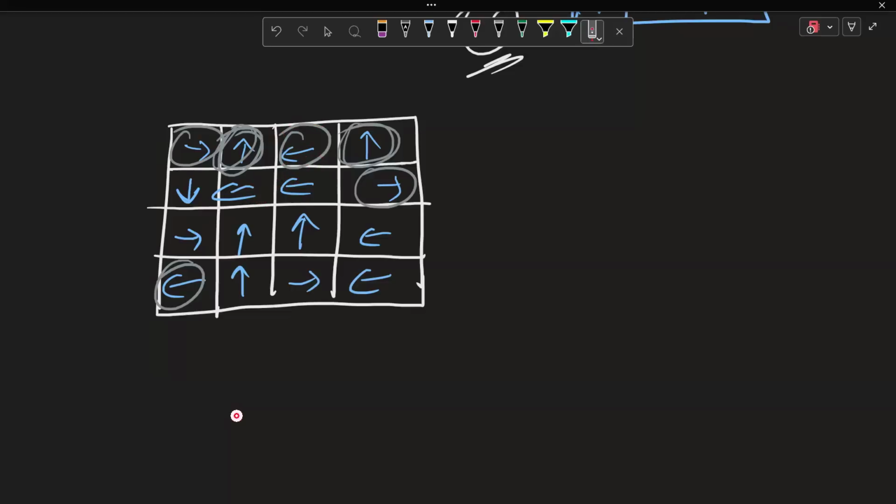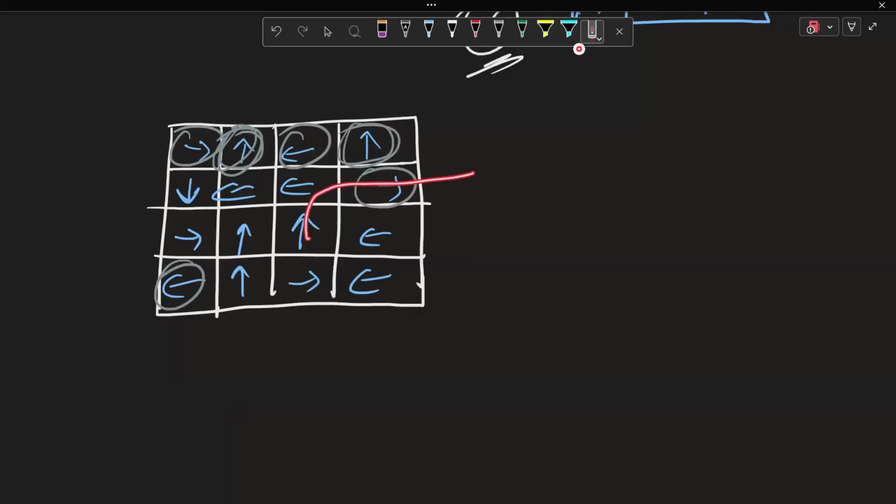So again, if we have analyzed all of them, these would be the only nodes which get me freed. All the remaining nodes are going to get me trapped. Why? Because let's say there was some other node which is getting me freed. If this node was getting me free, there would be a path to go outside.